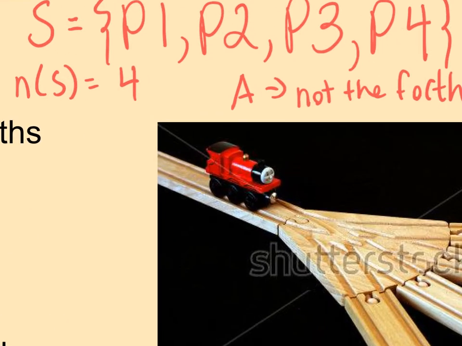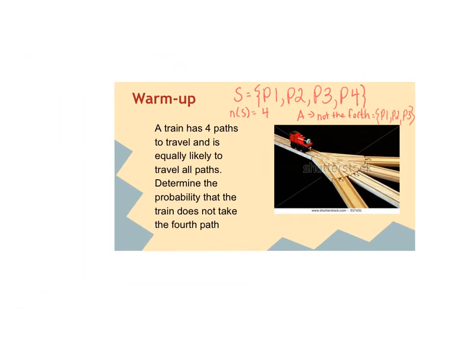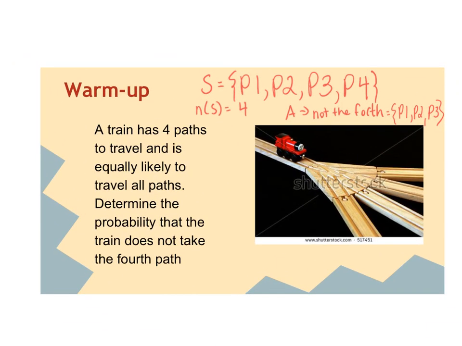What that means is that N of A is those 3 ways. Then P of A would be N of A divided by N of S, which is 3 over 4. That's how we'd figure out the probability.